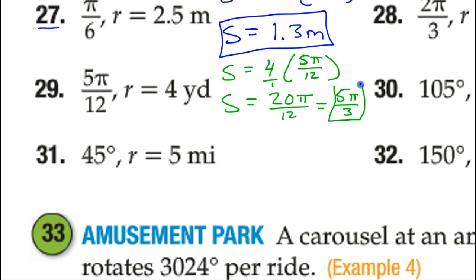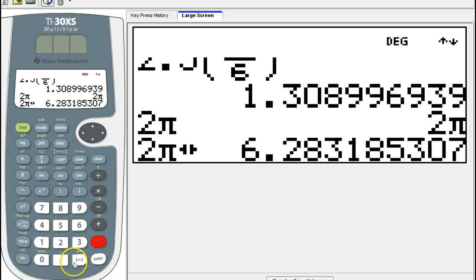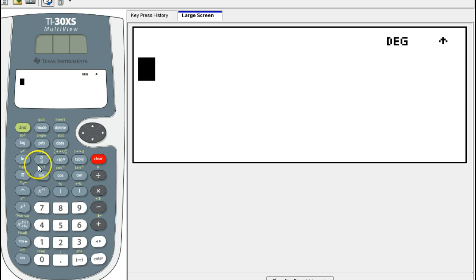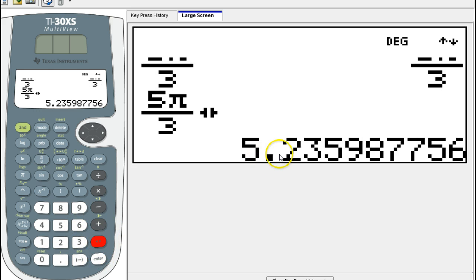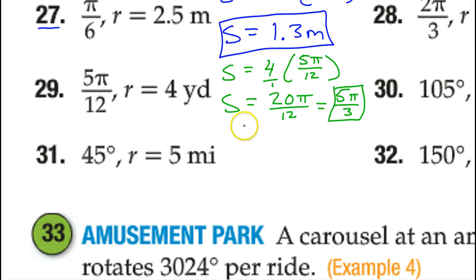So this would be the exact answer. If I want the nearest tenth, then I'll have to use a calculator. So 5 pi over 3, and toggle it. So 5.2. Alright, 5.2 yards.